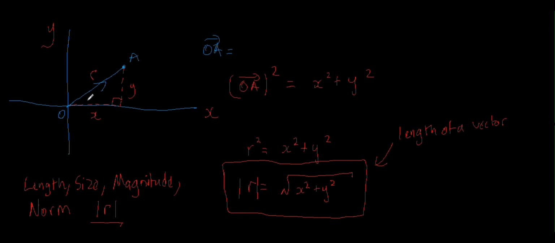Remember, angles in mathematics in the Cartesian plane are measured counterclockwise relative to the positive x-axis. So I'll say it again, angles in mathematics are measured counterclockwise relative to the positive x-axis. Well, to the x-axis, generalizing it to the x-axis.